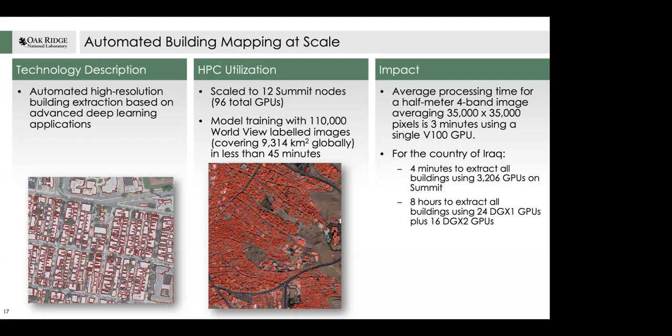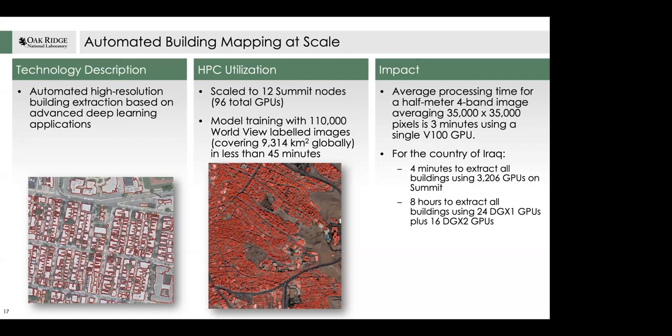Here is an example: Summit, which is now the number 8 machine, which used to be number 1 a couple of years back. You can use these GPUs very smartly to scale your mapping exercise. The benchmarks are that you can use the 3200 GPUs on that large machine and map every building in Iraq in 4 minutes.